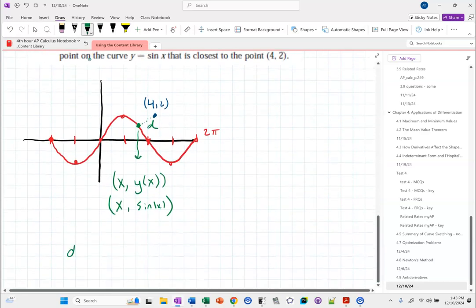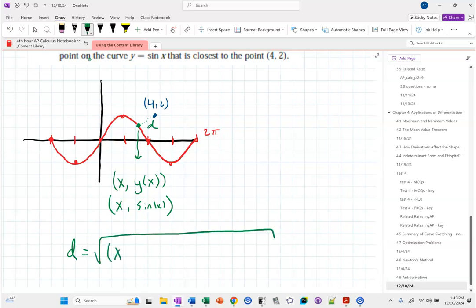Then my distance is going to be the square root of (x minus 4) squared plus (2 minus sine x) squared. Feel so far so good?